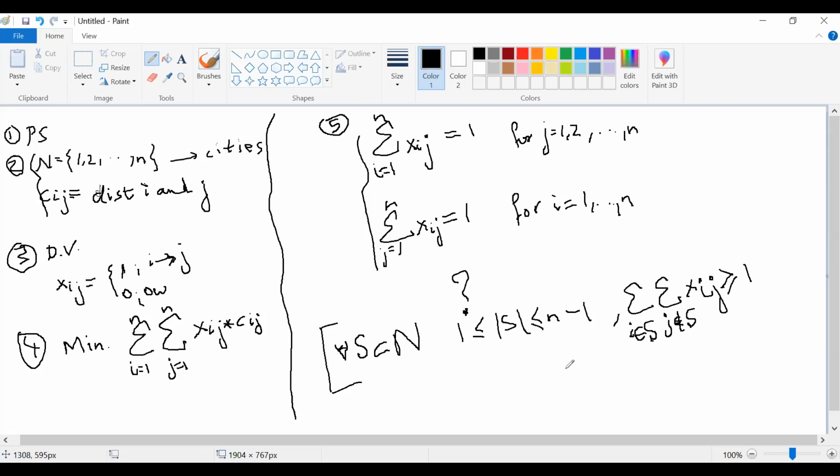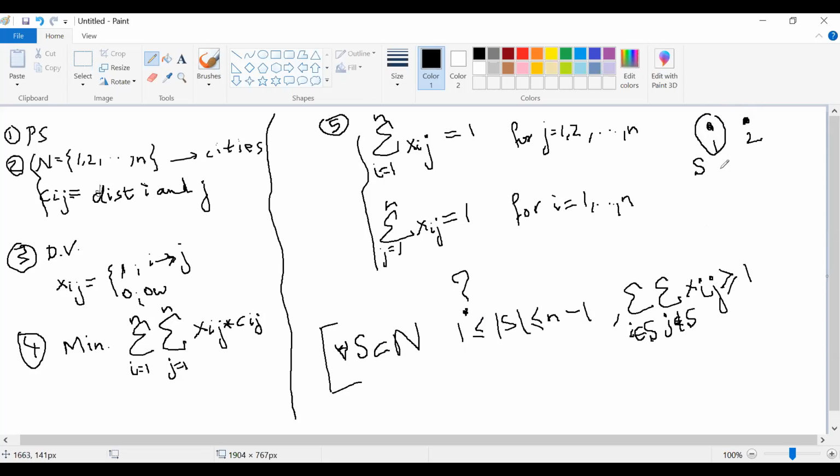For example, let us say that we have two cities, city 1 and city 2. This is a very basic example. So S can be 1: city 1 is in S and city 2 is not in S. What are the possible combinations that we have to see? We have to see how we can connect them.